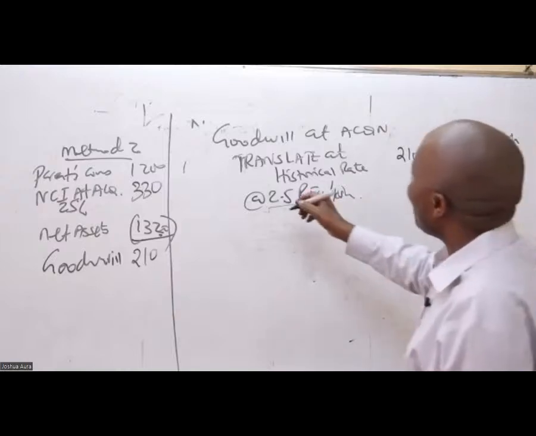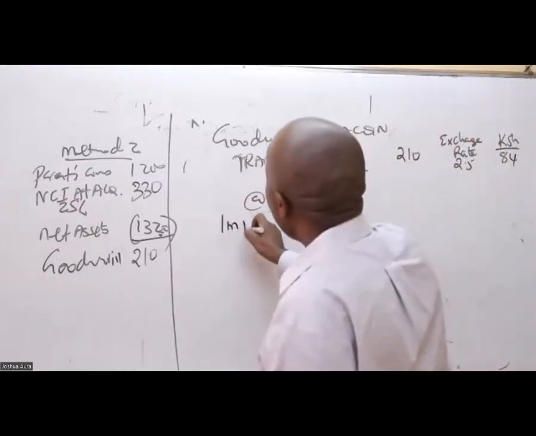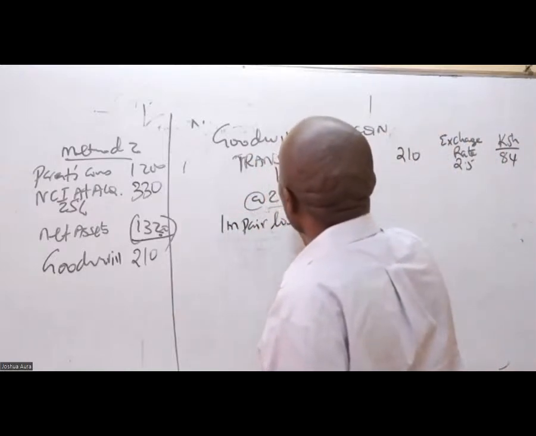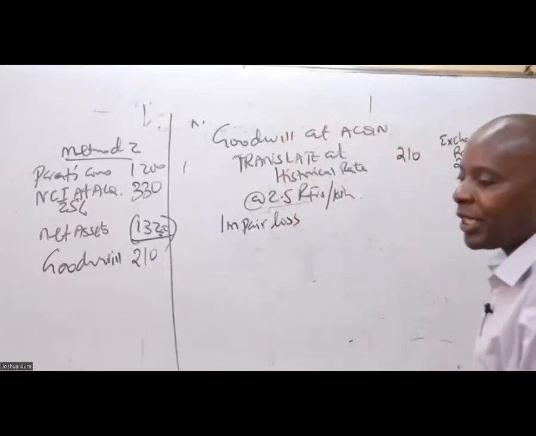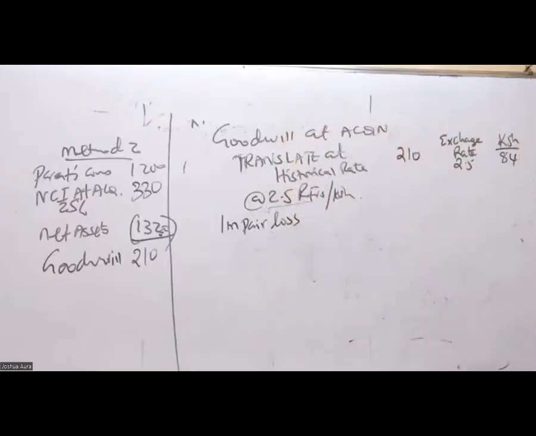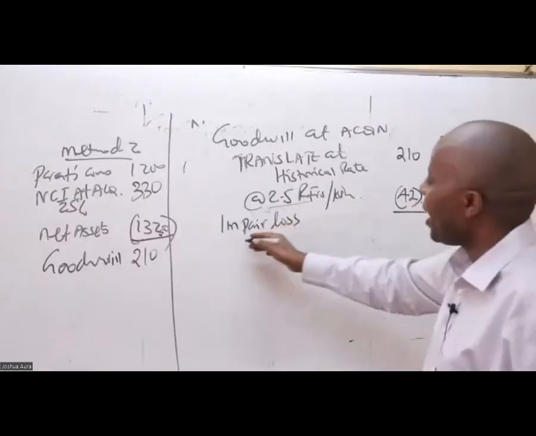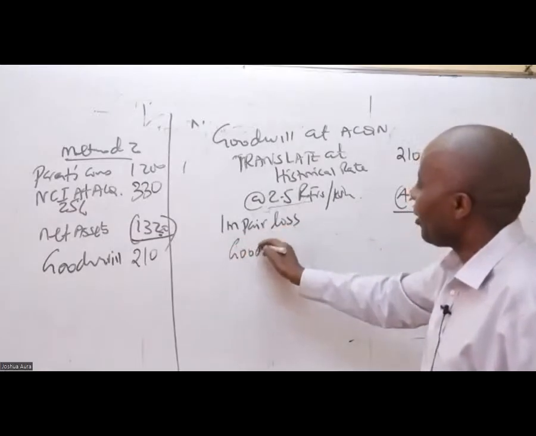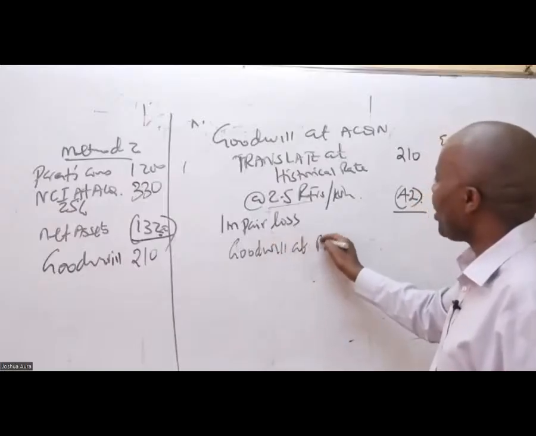Then you say there is an impairment loss. How much is the impairment loss from the note? The impairment loss from the note is 42. So if you subtract, what do we have as goodwill at reporting?